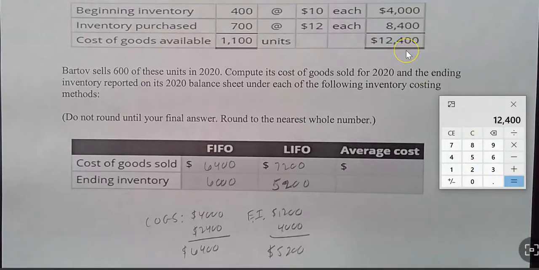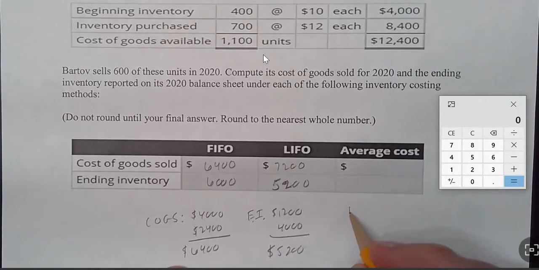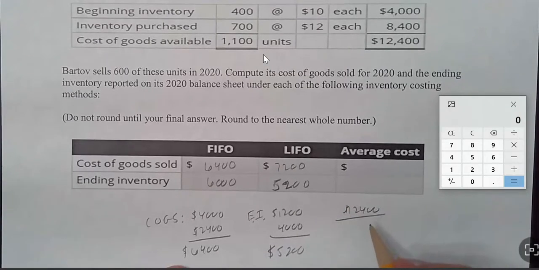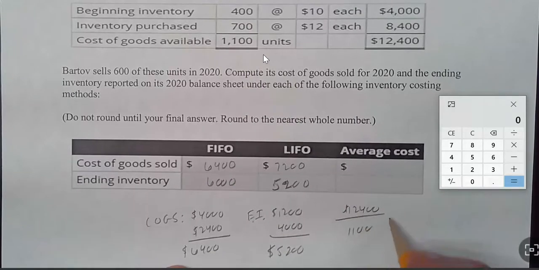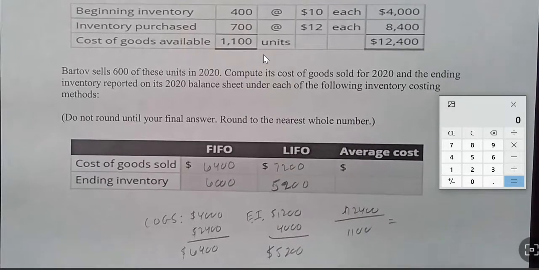Now for average cost, we're going to use our total inventory value for cost of goods available for sale and our units, and we're going to divide. This is what we're going to do first. So we're going to take our inventory value of 12,400 over the units, and we're going to do that so that we can get an average cost per item, as the name implies.